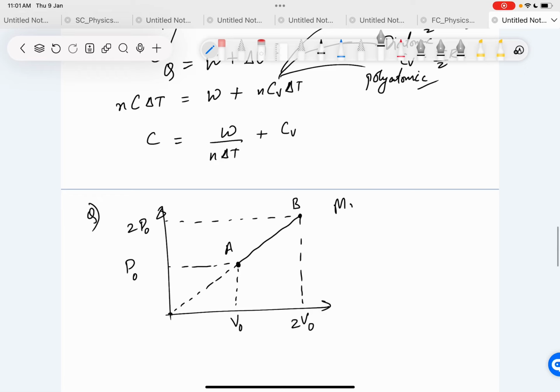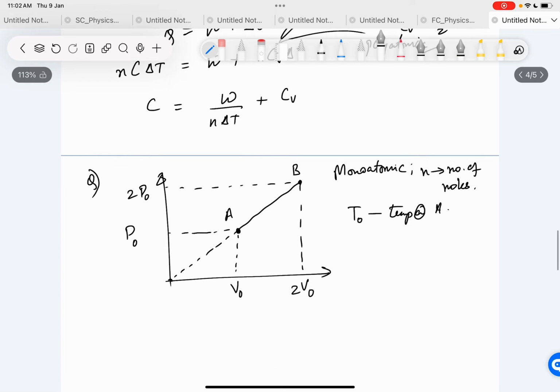The gas is monoatomic, and the number of moles is n. The initial temperature is T0, that is the temperature at A.